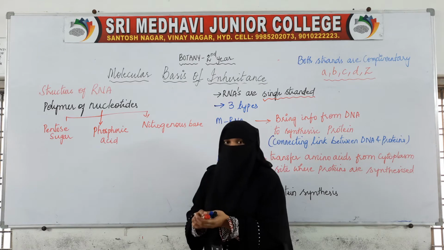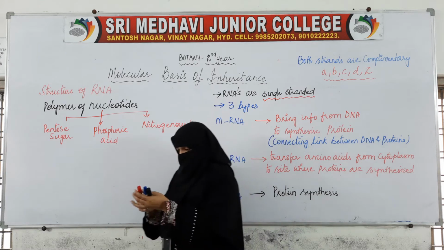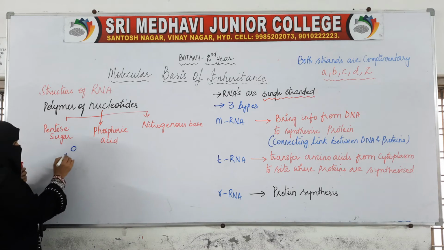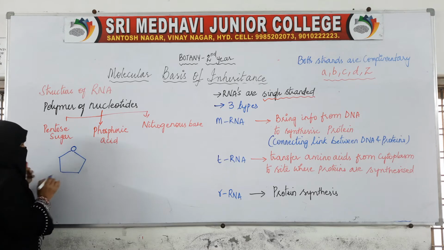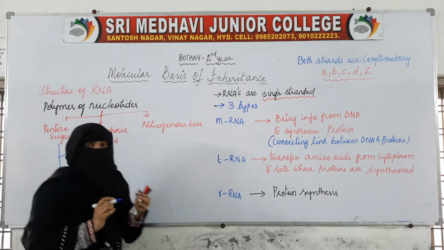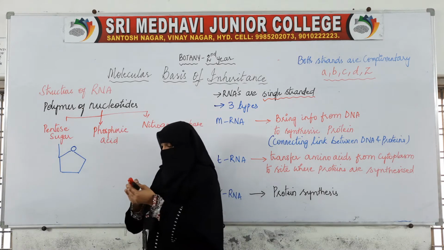Now in this pentose sugar, I have already drawn the structure. This is the oxygen with 4 carbons in a ring, and the fifth carbon is attached in the form of an R group.